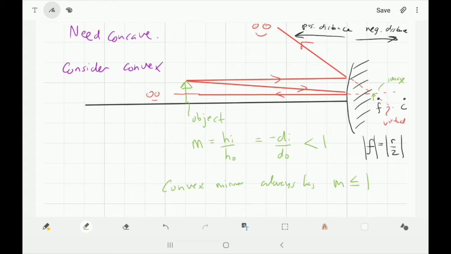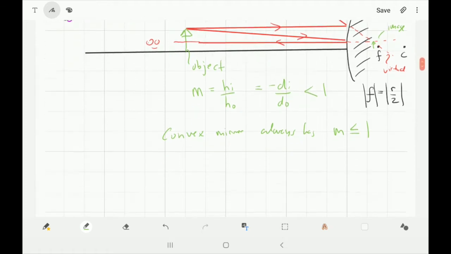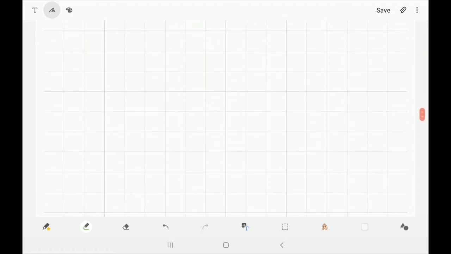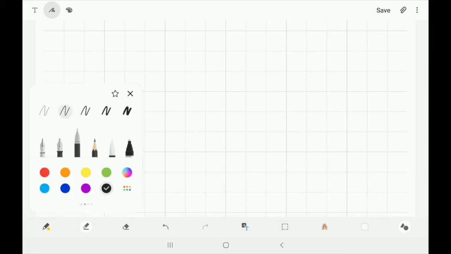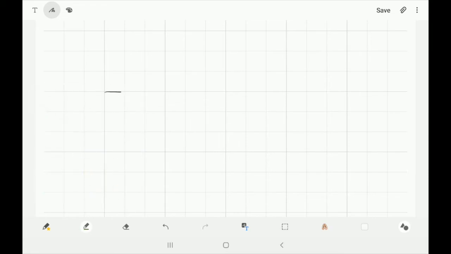So if you buy that, then let's carry on and draw the correct diagram with a concave mirror, because apparently that's the only thing that has the possibility of working. Okay, and I'm going to just draw the mirror looking sort of like this.